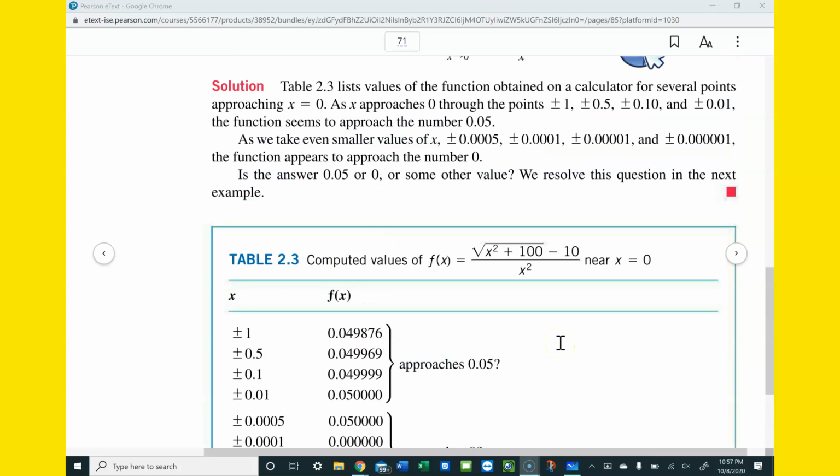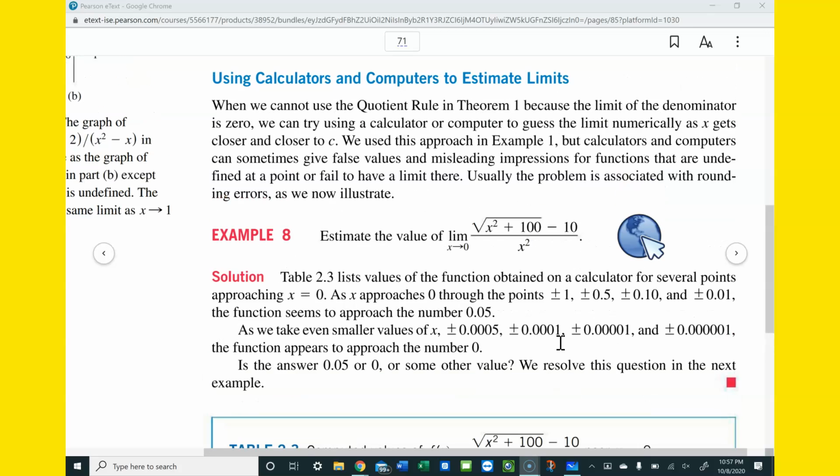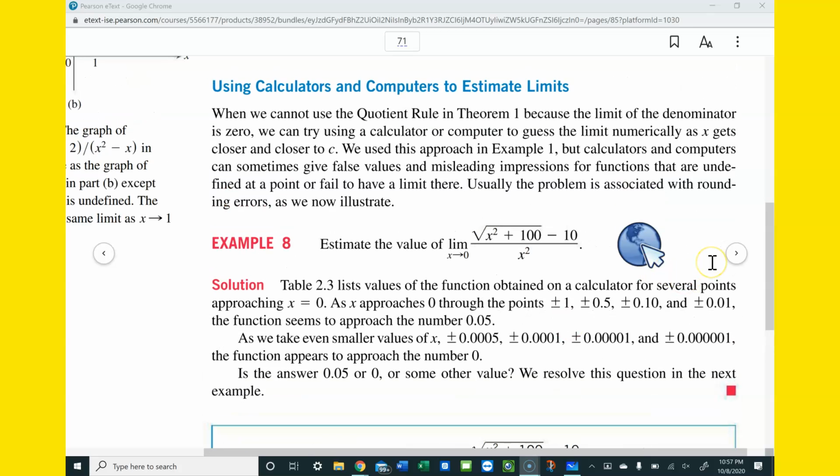Sometimes the point of this problem is to say that you can find these limits using that approach in the calculator, but calculators and computers can sometimes give false values or misleading impressions for functions that are undefined at a point or fail to have a limit there.